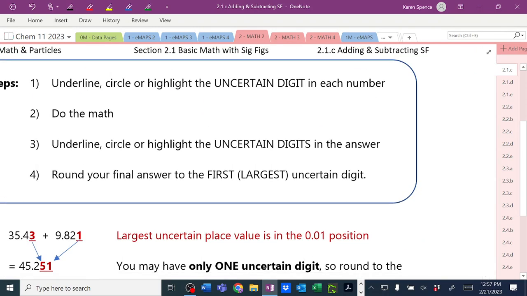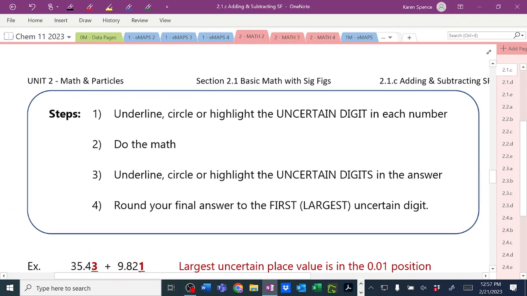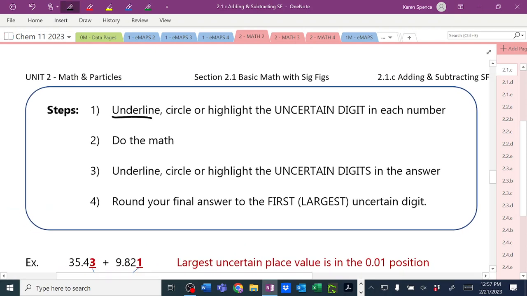So here are the steps. You are going to either underline or circle or highlight the uncertain digit. Do the math. I usually use a calculator. Feel free to use whatever method you want. And you're going to do that in each number. Then you are going to underline or circle or highlight the uncertain digits in the answer.